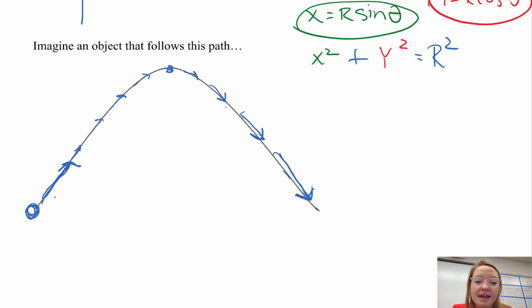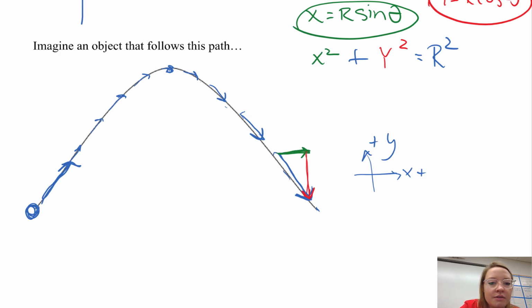So if we had something like this, now we have a bunch of vectors. If we had an x direction and a y direction, we could break all of these vectors up into their components. So let's take a look at this one right here. In the x direction, it's going about this far, but then in the y direction, it's going about this far.